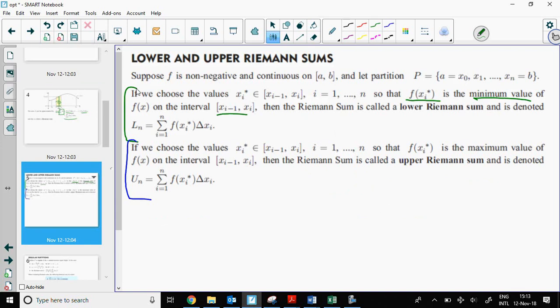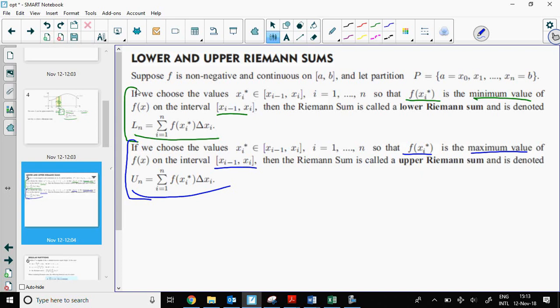It's called a lower Riemann sum, and we're going to use L sub n, L for lower, not L for left. Don't confuse it with the AP rectangles. L is for lower, and we have its associated sigma notation. And then we also have the same thing down below. If we choose our x sub I stars so that their y values are the maximum within the subinterval, then we're going to have U sub n. And the formulas look the same.